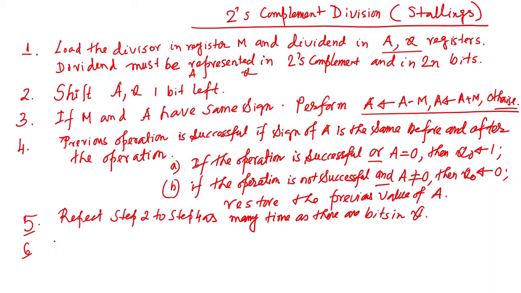So, the remainder is in A. If the sign of the dividend and divisor are the same, meaning both are positive or negative, then the result will be in the quotient.